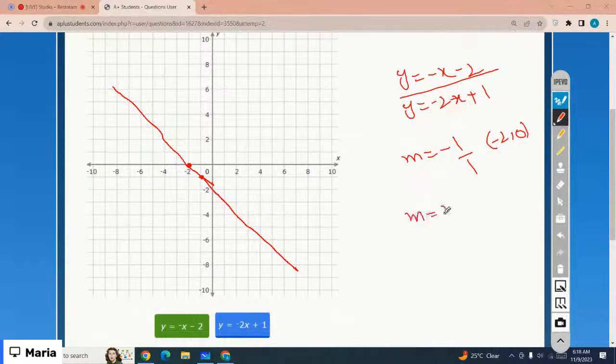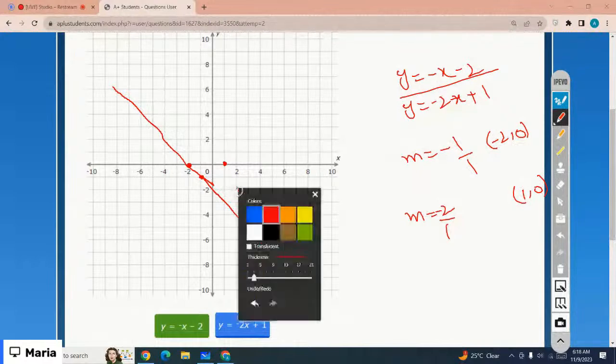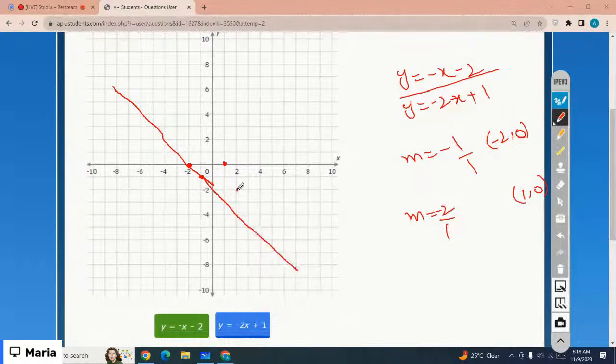So slope equals negative 2, and the y-intercept is 1, right? So x is 0, y is 1. Here is the y-intercept. And the slope is negative 2, that means negative 2 over 1. So move down 2 points and right 1 point. So just join these 2 points and make a line.